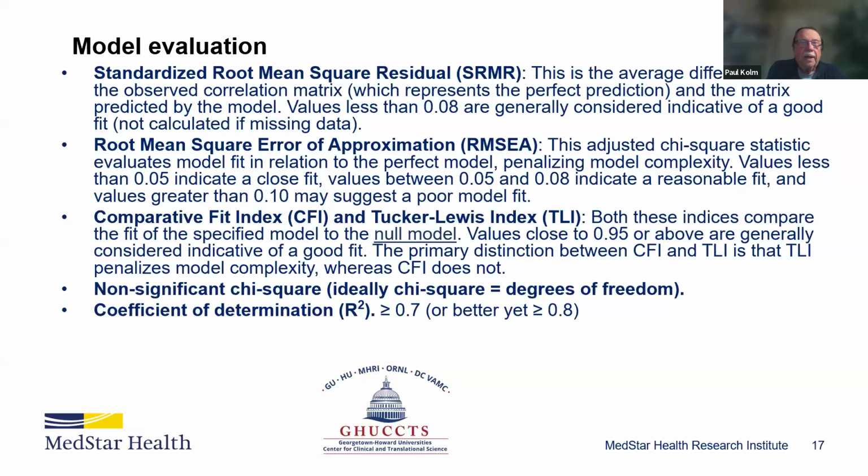As in regular regression, you want an R squared that's getting close to 1. Typically 0.7 or better is considered a good number to shoot for. I consider 0.8 even better. So those are the 5 different statistics that we're going to look at to evaluate our model.